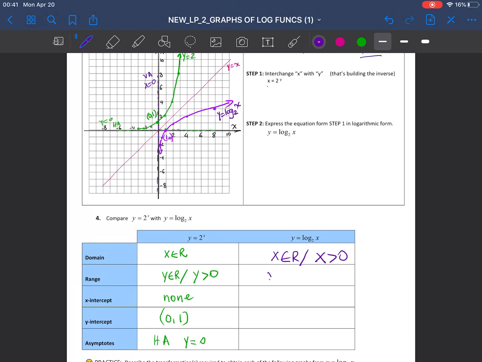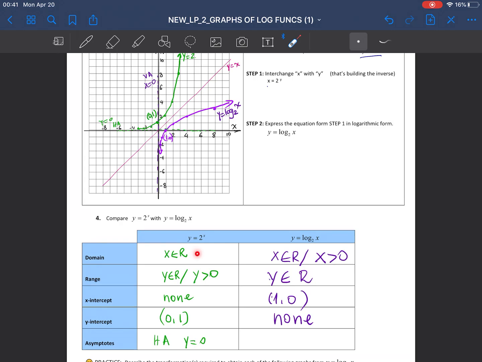For the values of y, or the range, we can tell that the y values can be negative, positive, 0. So practically any real number. There is one x-intercept in here. When y equals 0, x equals 1. And there is no y-intercept.